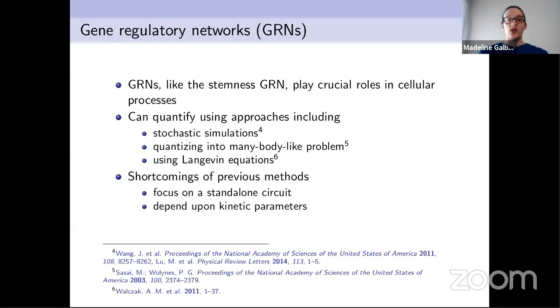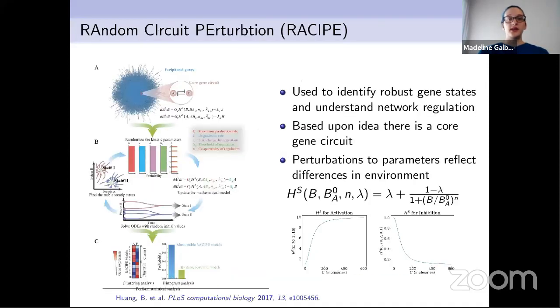They also depend on kinetic parameters derived from experiment, which tend to be very difficult to get, especially for some of the newer circuits and networks. So one of the methods that was developed to overcome this was RACIPE, which is random circuit perturbation.